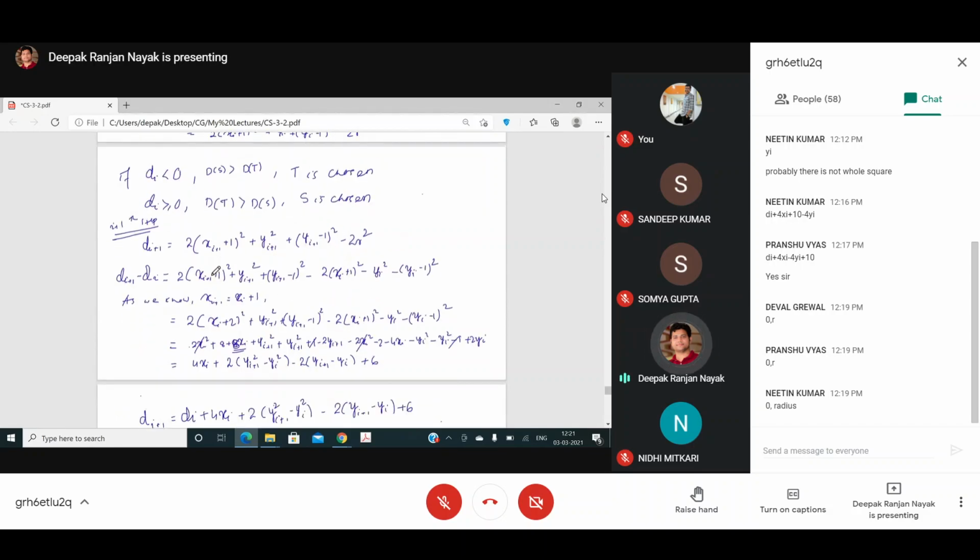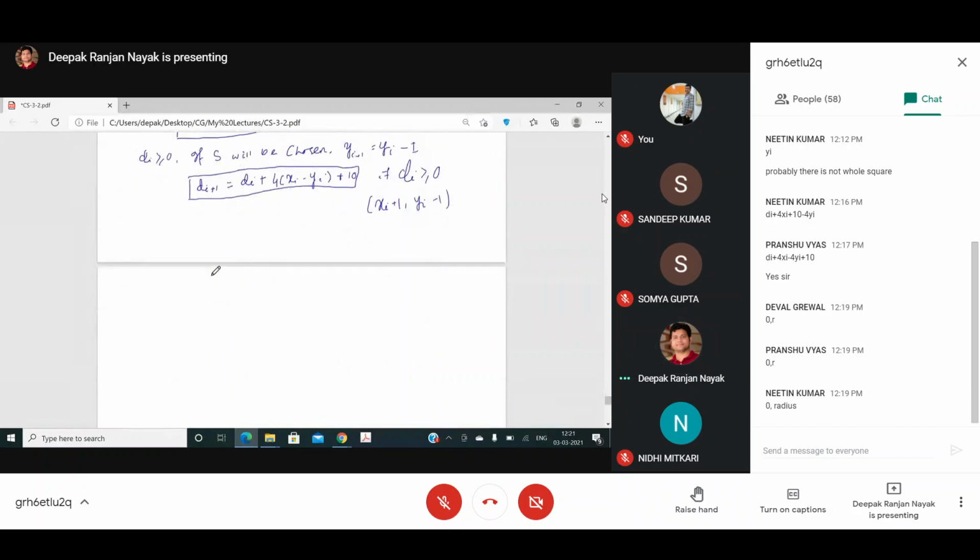If I put the value 0 and r, which is the starting pixel coordinate, 0 r is nothing but the starting pixel coordinate.